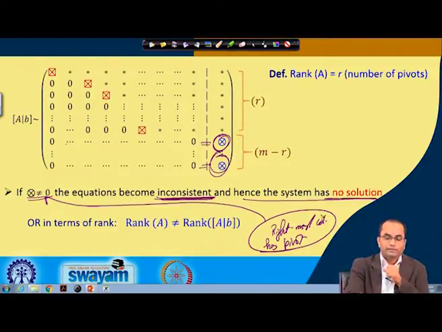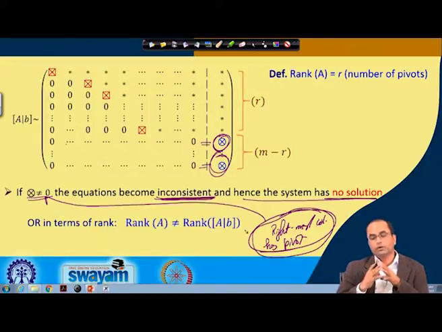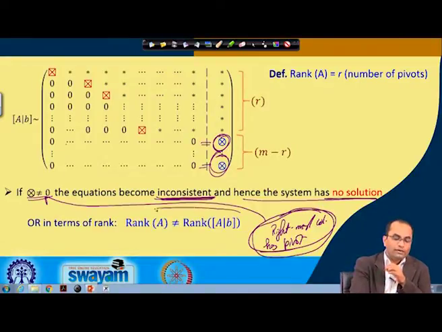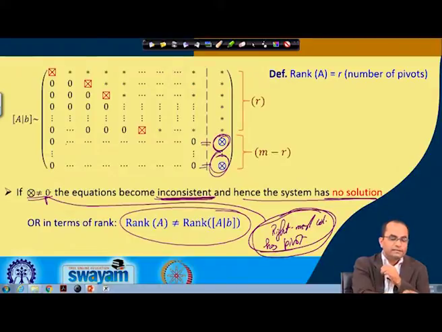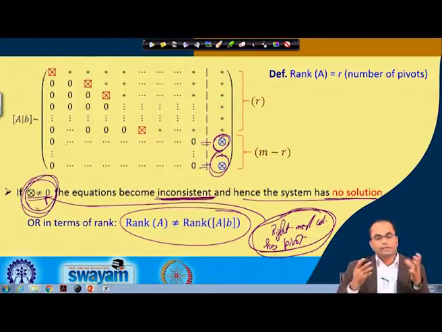So, either the rightmost column has a pivot, or rank A is not equal to the rank of the augmented matrix, or simply by looking at this, if it is non-zero, then we have a case of no solution.